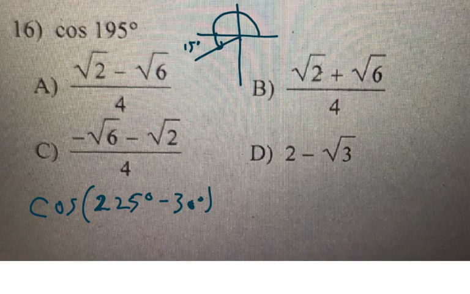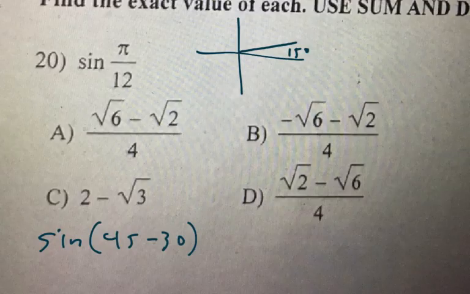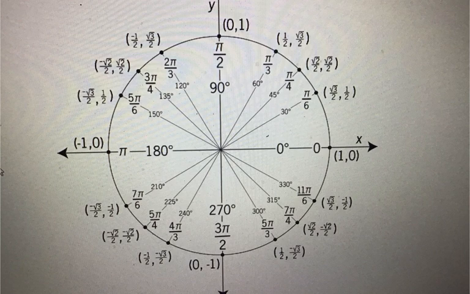So 16 said they want us to figure out the cosine of 195 degrees. So the first thing I would do is go to the unit circle that you have, because I know you're allowed to use a unit circle. And 195, I hope you agree, is a 180 plus an extra 15 degrees. So this would be my 195.